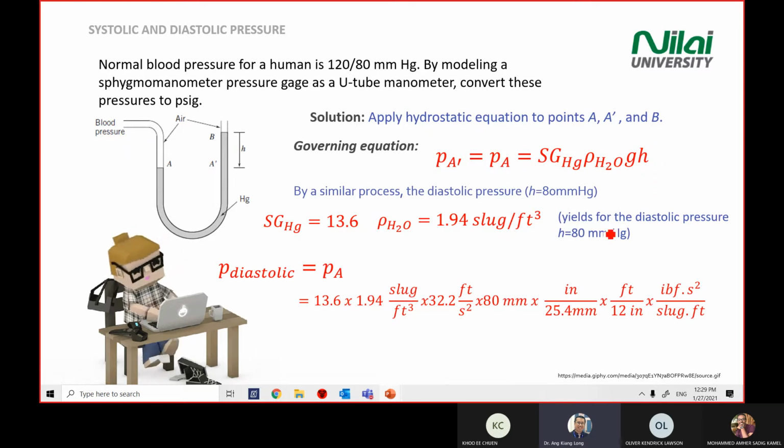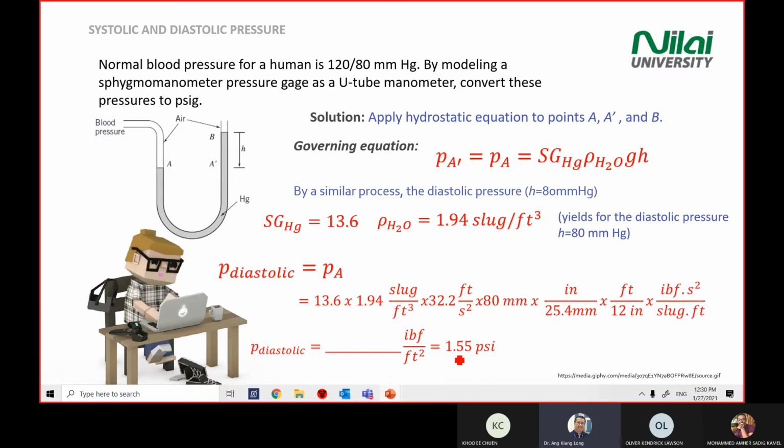Now you do the second one, which is 80 mm mercury. You change the 80 mm mercury to the unit requested by the question. You do the calculation and you get 1.55 psi. But all these values are just a reference. It is important that you understand the principle and the reasons behind all these steps.